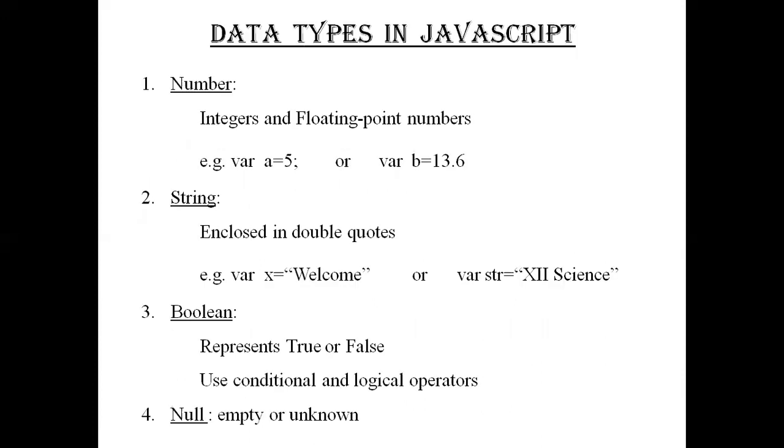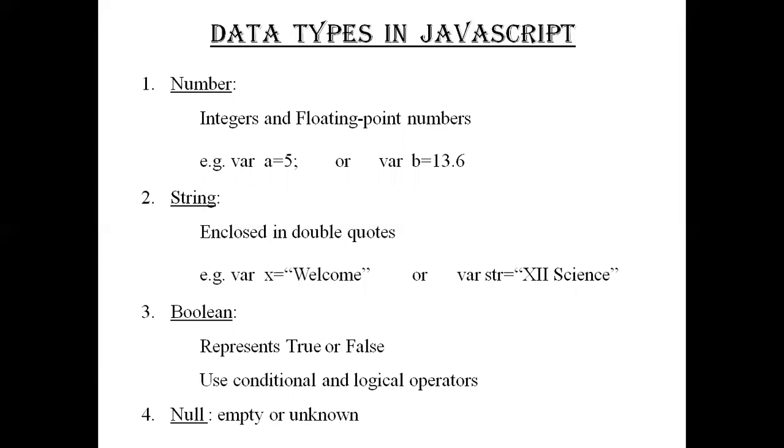Next, coming to data types in JavaScript. We have more than 4 data types, but here we will be discussing the main 4 which we require for programming: the number, string, boolean and the null. JavaScript provides data types to store and use different types of values.